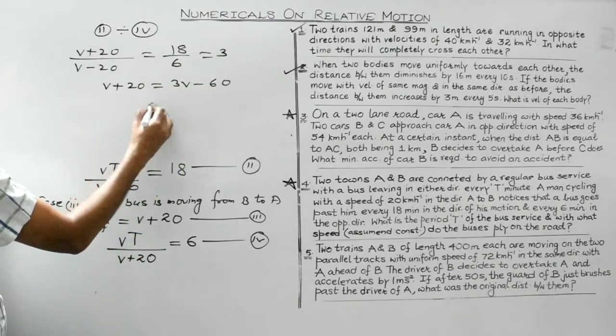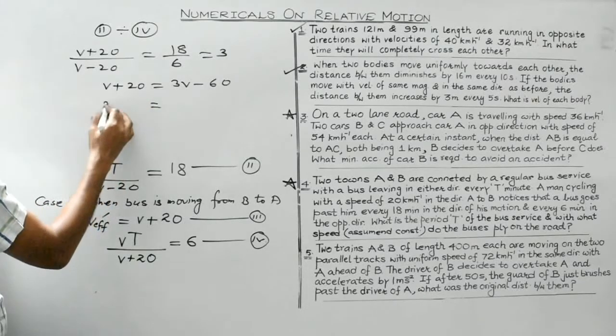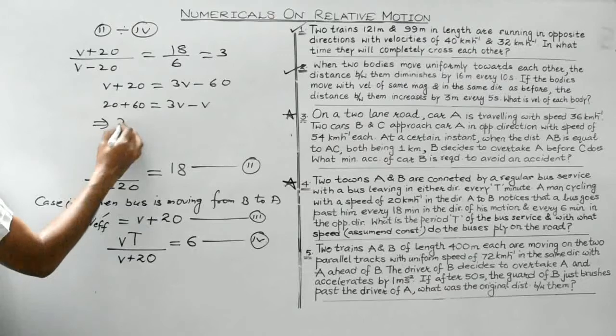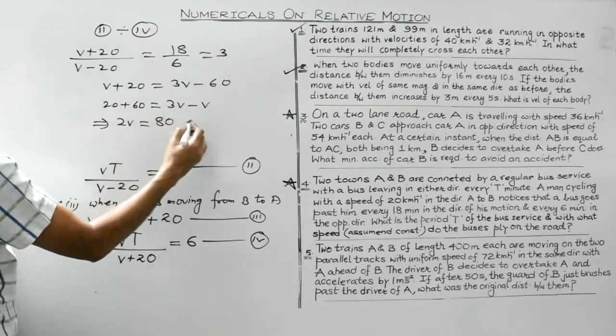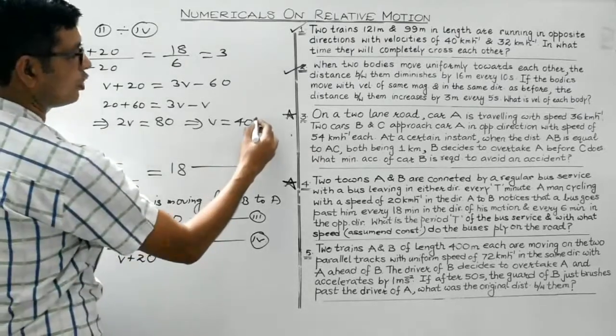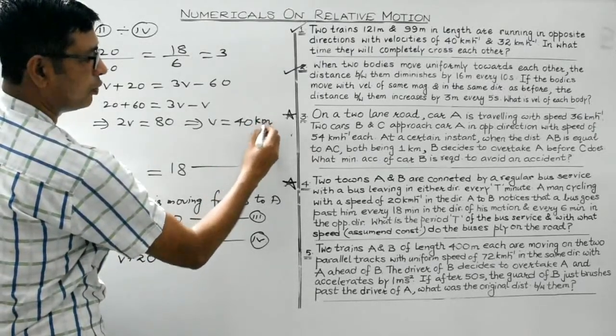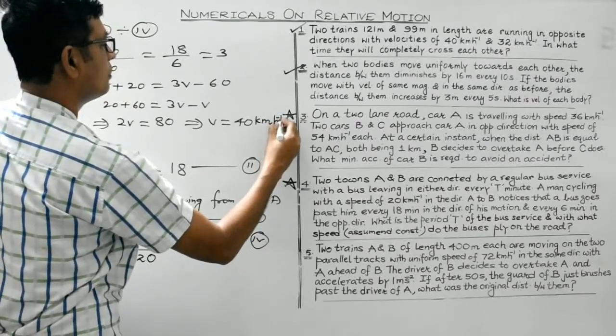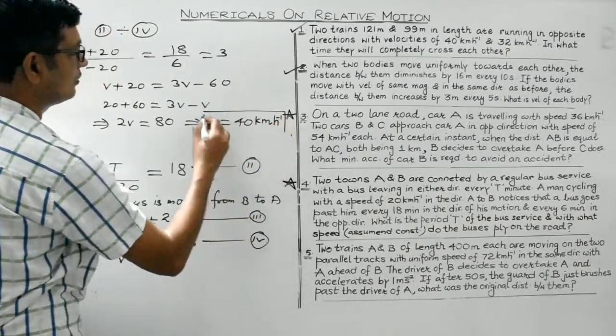So 20 plus 60 is equal to 3V minus V, or 2V is equal to 80, which implies that V is equal to 40, and it will be in kilometer per hour. So that's the answer to the first part.